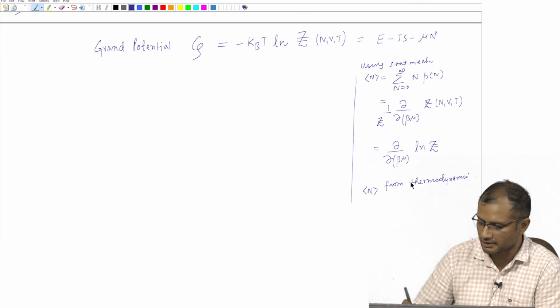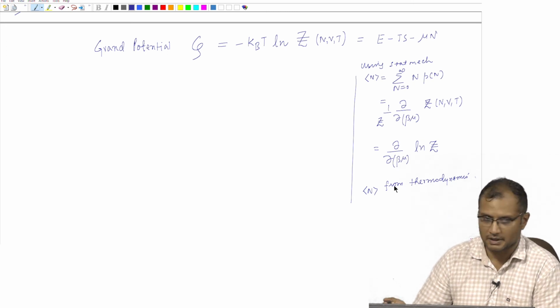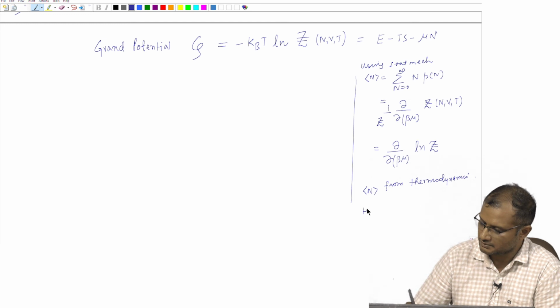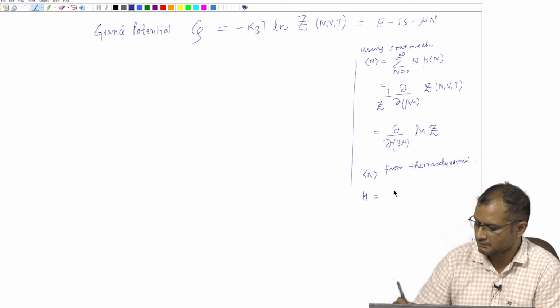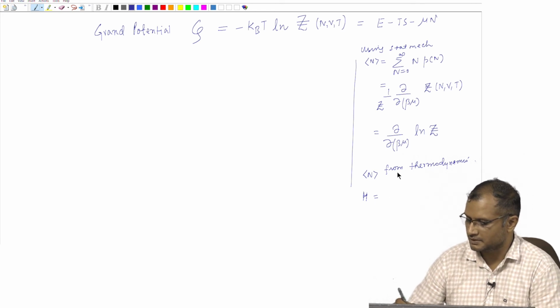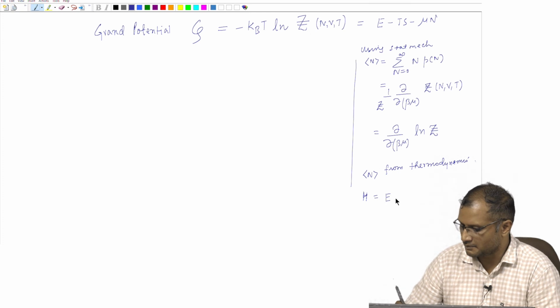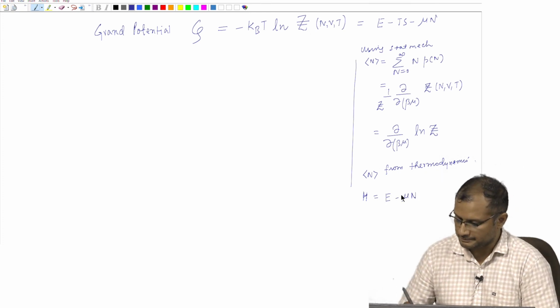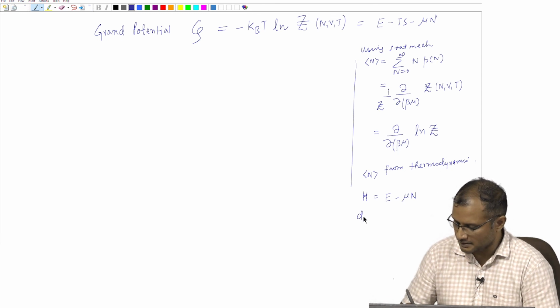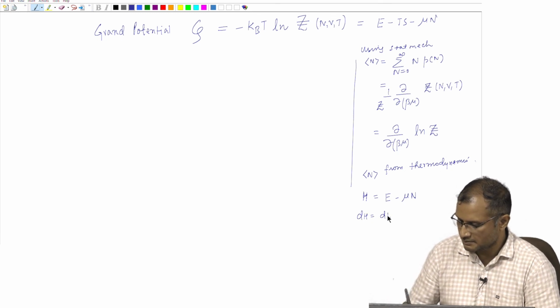So, for instance, you can write down your enthalpy H, which is E minus mu n, and so you can write down the differential.